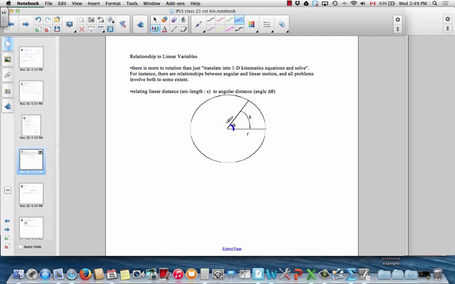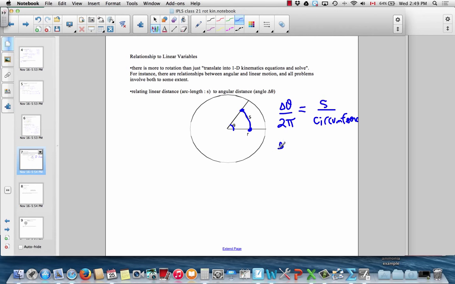So for that angular displacement theta, you'll see that a point on that object travels a certain distance. Now that distance is an arc length s. And you may recall from previous mathematics courses that the angle is a ratio of the whole circle angle. It is the arc length divided by the whole circle distance, which is circumference.